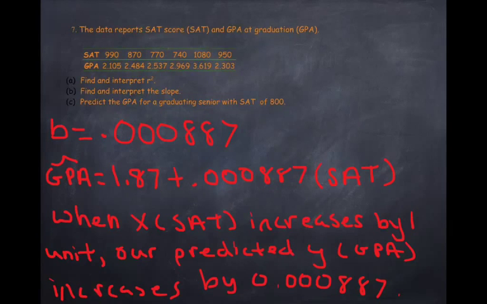And so each time a student's SAT score increases by 1, your predicted GPA is going to increase by .000887. That's what the slope is trying to tell you.